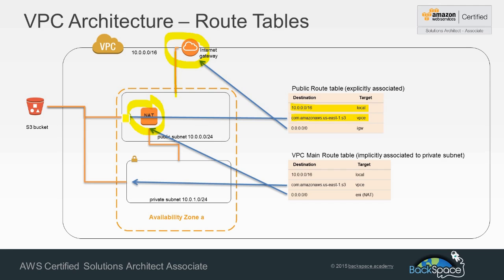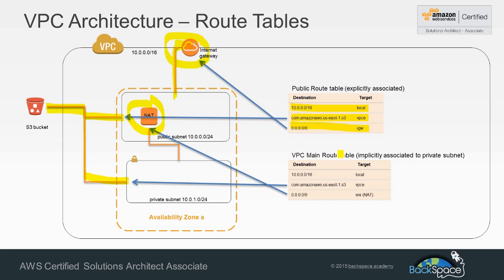That allows us to connect directly from our public and our private subnets through to an S3 bucket without having to go through the internet gateway and then back out and in again from our S3 bucket. So that's really what we're looking at there. And with our public subnet, to connect to the wider internet, we have a route through to the internet gateway, and that's what we've got going on there.